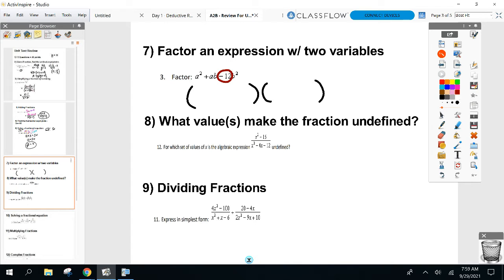So you're looking for 2 numbers that multiply to -12, but at the same time add to positive 1. Can you do that? 2 numbers that multiply to -12 but add to 1? I hope.